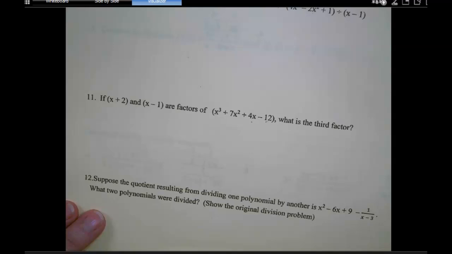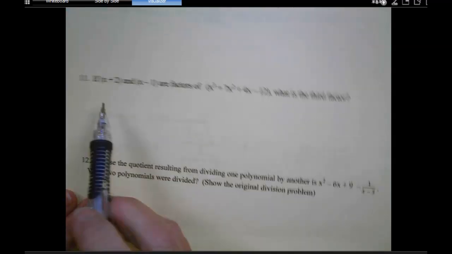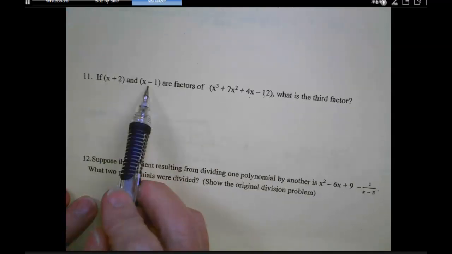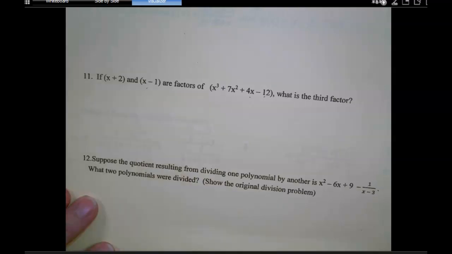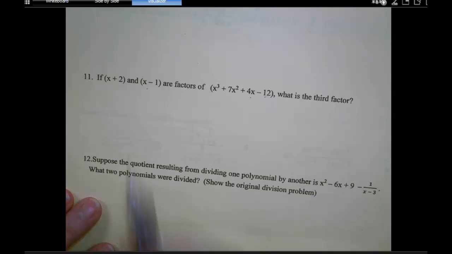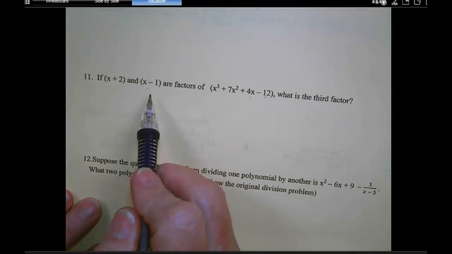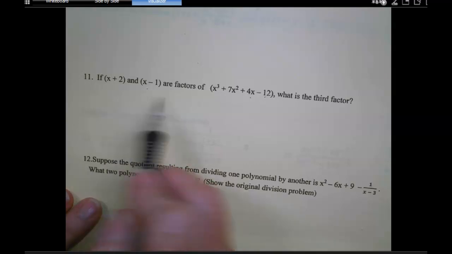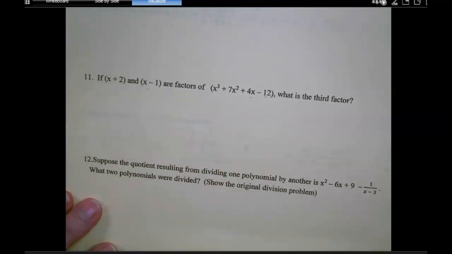The remainder is 0. So, we need to test either x plus 2 or x minus 1. And it doesn't matter which one we do. Normally I choose the one with 1 because it's harder to make multiplication errors with 1. But you could do 2.